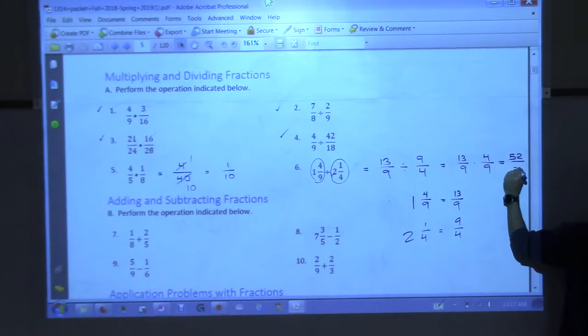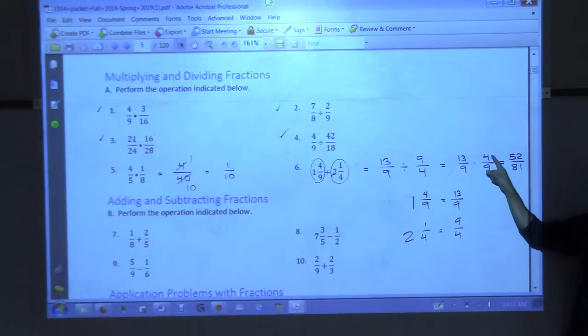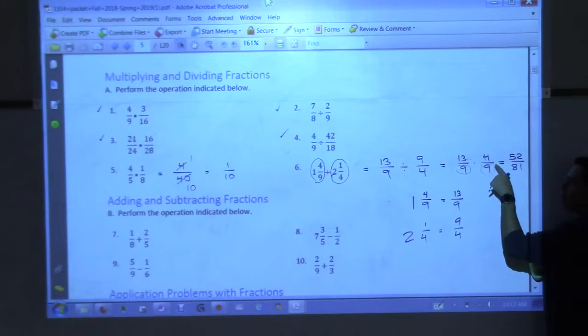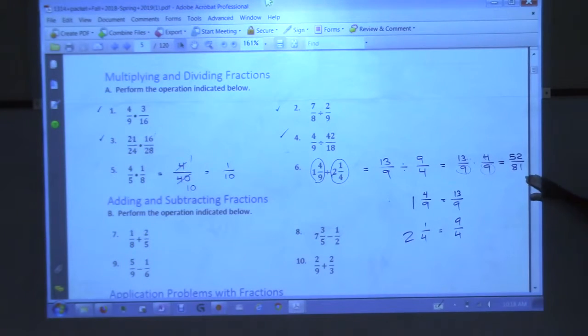So if you multiply 13 times 4, you get 52. 9 times 9, you get 81, right? And nothing cancels. This does not reduce. How do I know nothing reduces? I mean, look at this. Nothing can cancel in here, right? There's no number that goes into both of these, 4 and 9 or 13 and 9. So I'm fully reduced at this point.